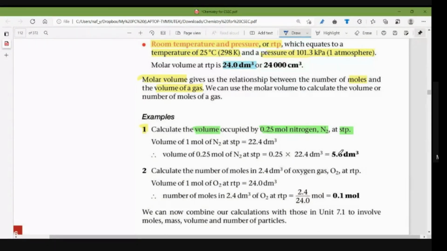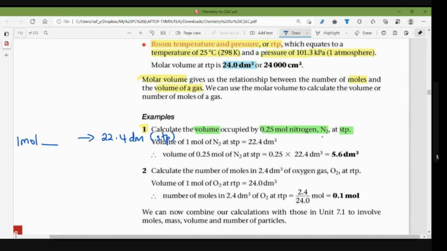You now know what volume a gas will occupy if it were 1 mole. So we start by stating that, ladies. I know that 1 mole of any gas at all occupies a volume of 22.4 dm cube at STP. This is what I know.